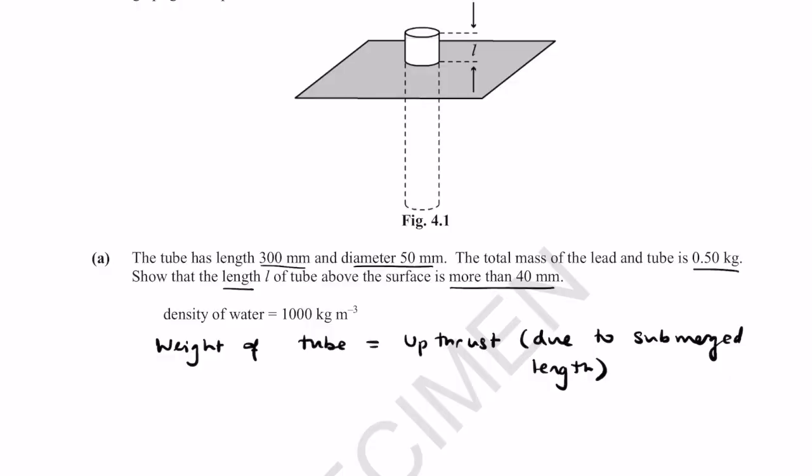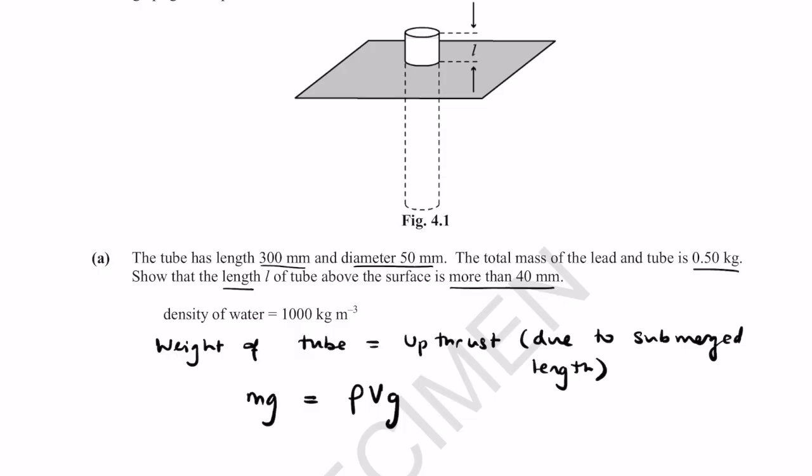Let's put in some numbers. The weight of the tube can be written as mass times gravity, and upthrust is equal to rho V g, where rho and V are the density of the water and the volume displaced. So basically it's the mass displaced.